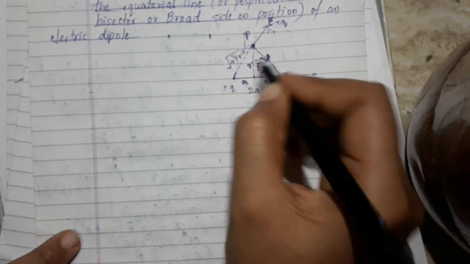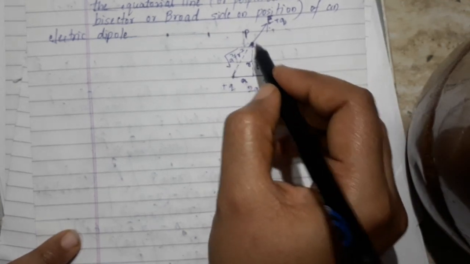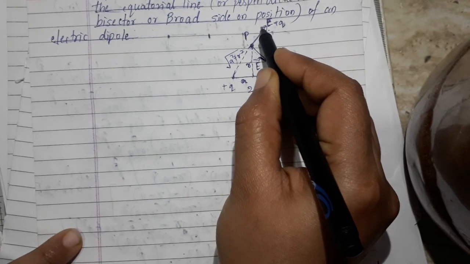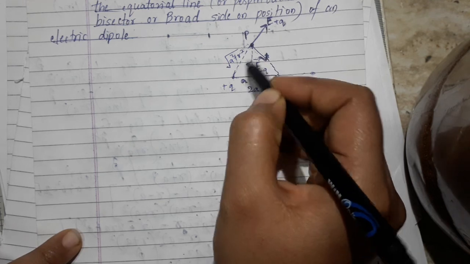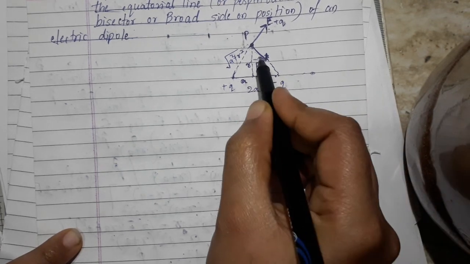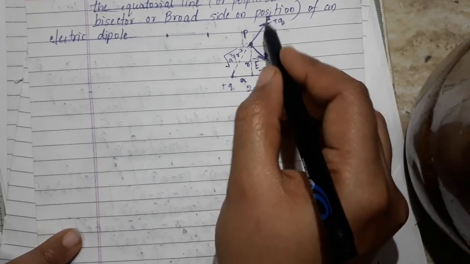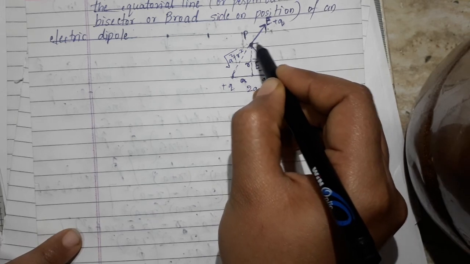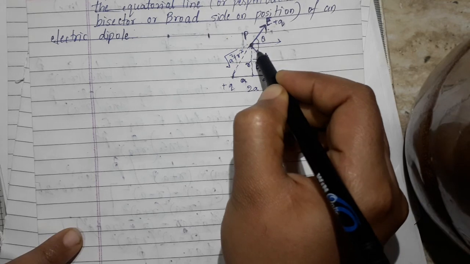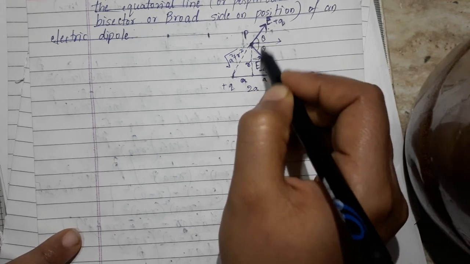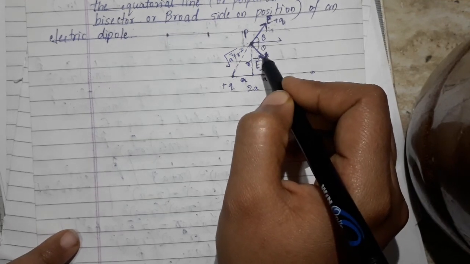Now this is the direction of electric field due to plus q charge, and this is due to the minus q charge. The net electric field due to both charges will be in between, making the same angle theta to both the electric field directions.